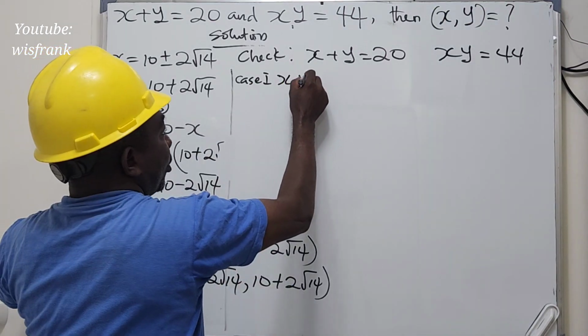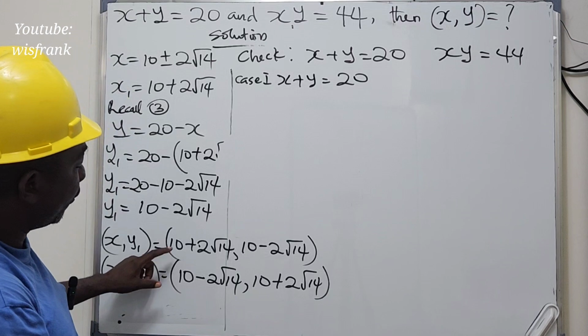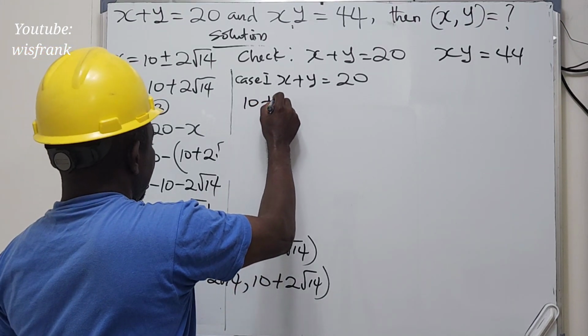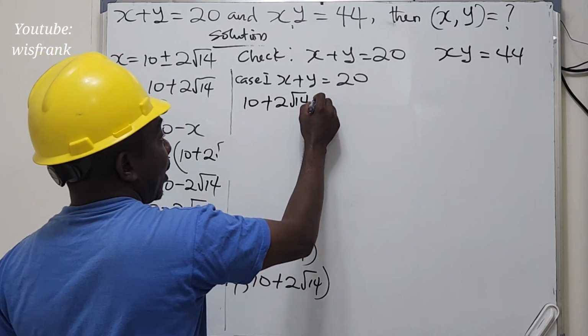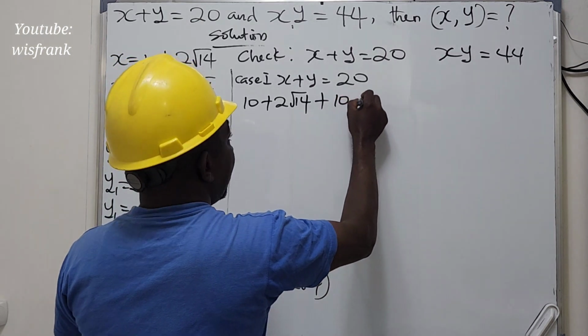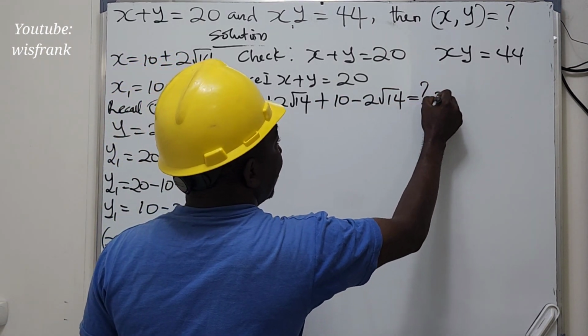So our x plus y equals 20. For the first value of x, we have x equals 10 plus 2 root 14. Then we have plus y, which is 10 minus 2 root 14. When we add that, are we going to have 20?